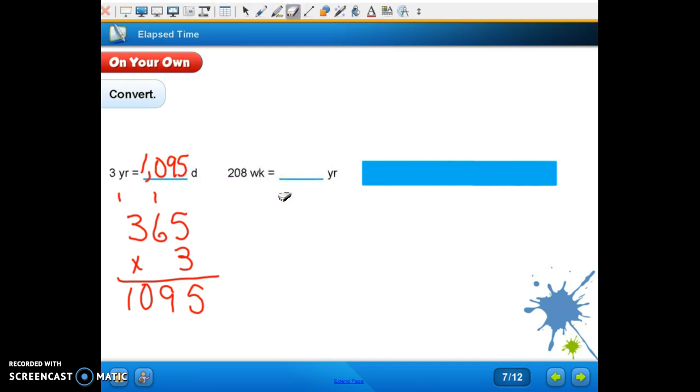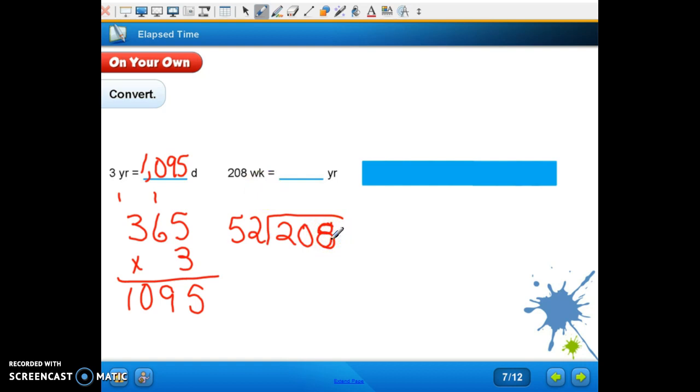208 weeks equals how many years? Is weeks a smaller measurement than year or a larger? Smaller. So again, so this time we're going to do what? Divide. Do you know how many weeks are in a year? 52, I believe. It's 208.